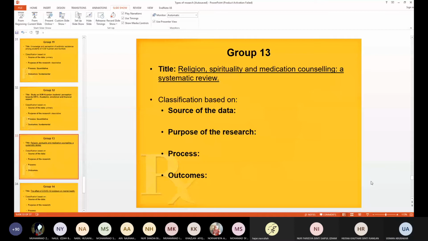Okay. For the process it is qualitative because we don't do the survey. Okay, so you're going to report only quantitative studies? Yes, Doctor. And for the outcomes, it is fundamental. Okay, good.